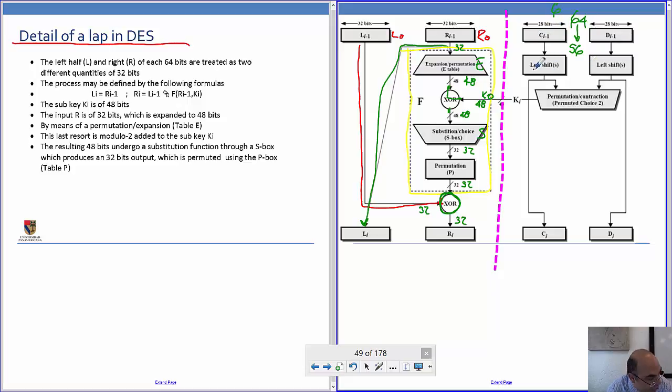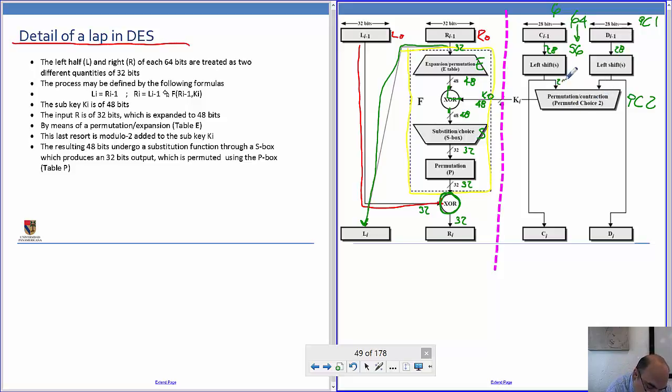So this, we left shift in a circular manner. We input this into the permuted choice 2. This thing was made in the permuted choice 1. In here, we permute and contract. Why? How many bits do we have here? Here we have 28. In here we have 28. How many bits get in as input of this one?